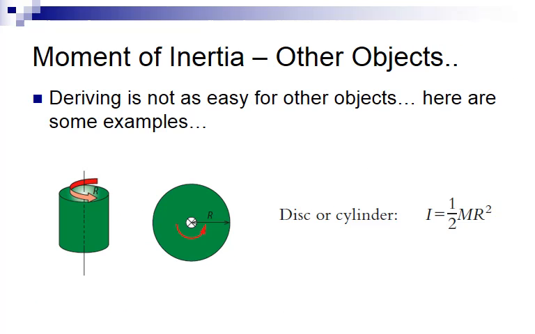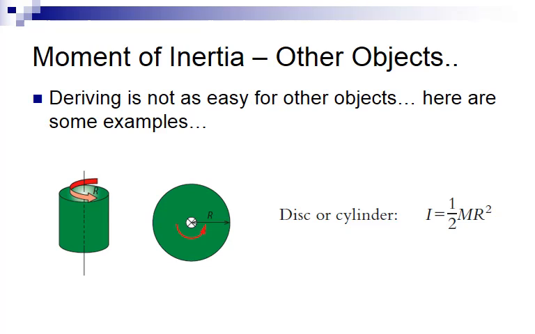For other objects, we need to consider the different shapes. It's not always easy to derive the moment of inertia for other objects. If you continue with your studies in math, you'll look at integration and that kind of thing where you can determine these things.